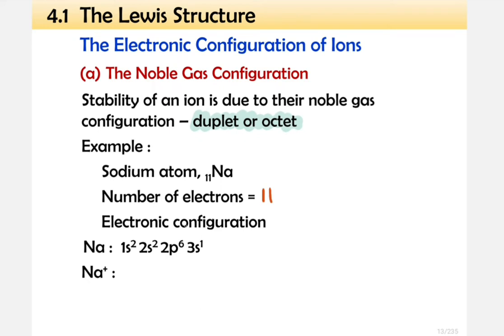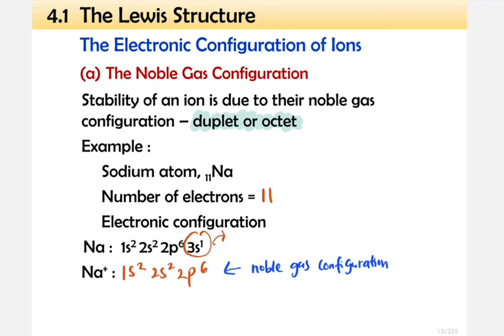So bila sodium remove this 1 electron, makanya the configuration would be 1s2, 2s2 and 2p6. This configuration resembles the configuration of noble gas. Noble gas yang mempunyai configuration yang sama seperti ini adalah neon.